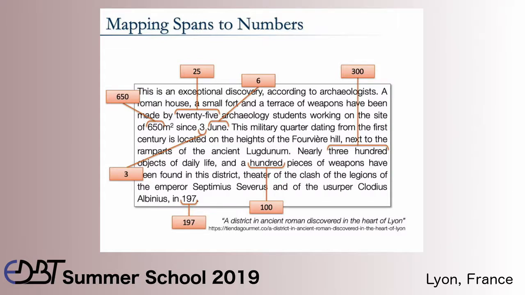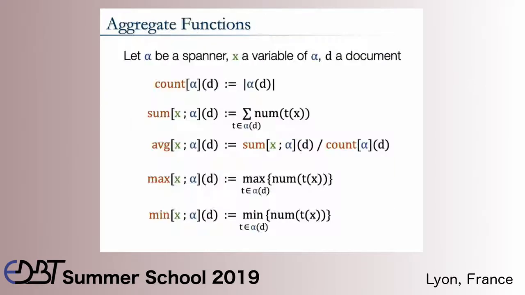All right, and with this assumption, we can assume that we have this function num that gets as input a span and gives you as output a number. And then we can define what it means for aggregate. What is the semantics of the aggregate queries?